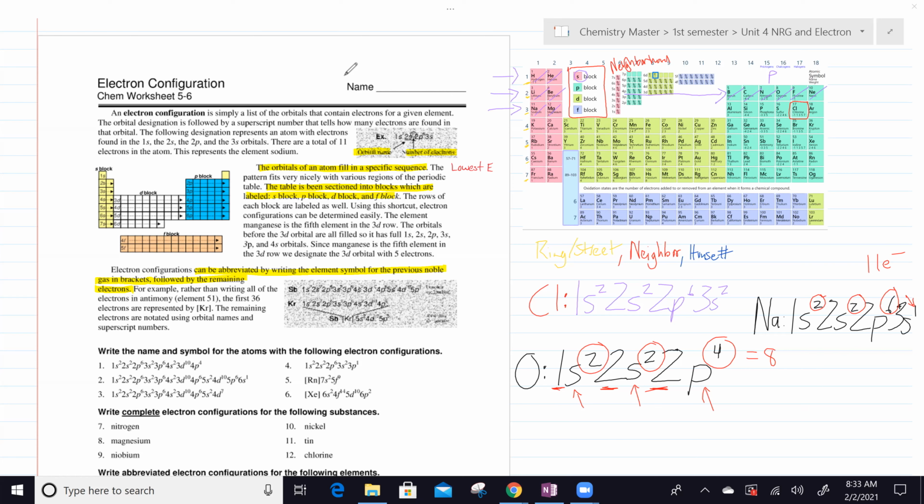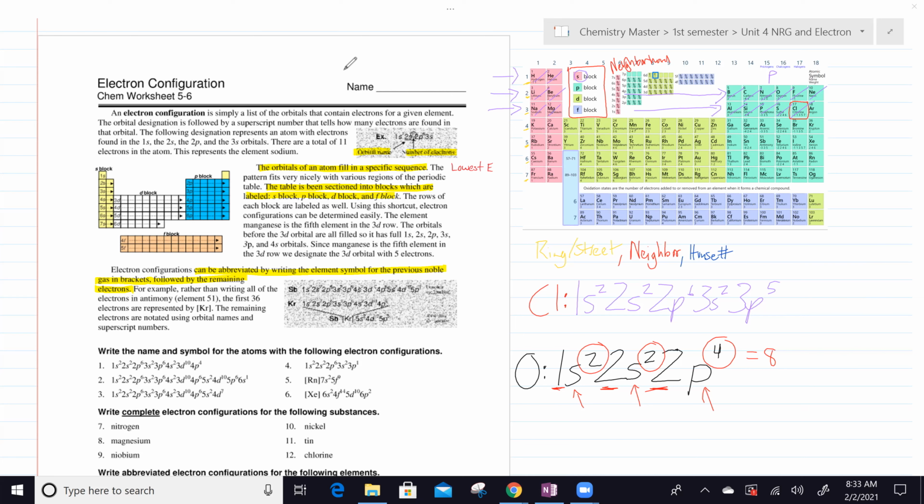So now he's going just up to chlorine because that's the one I asked you for. He's on the third street still, now in the P neighborhood, 3P. And then he said 1, 2, 3, 4, 5. Excellent job, Lexi. Very nice.